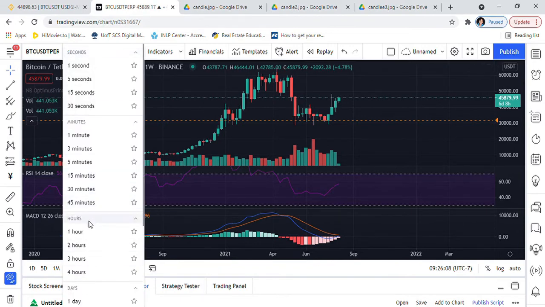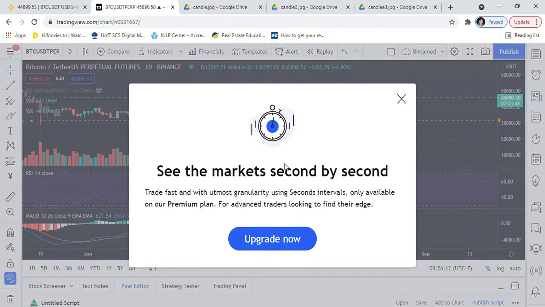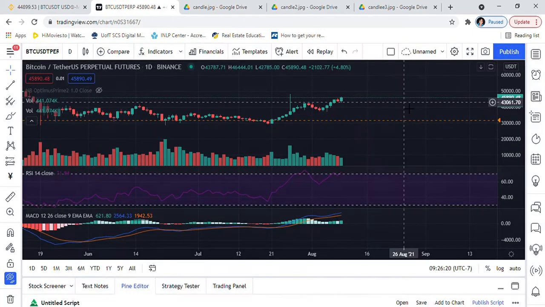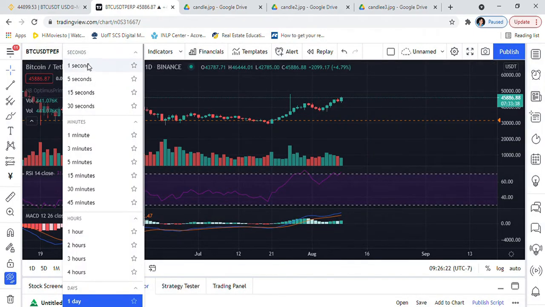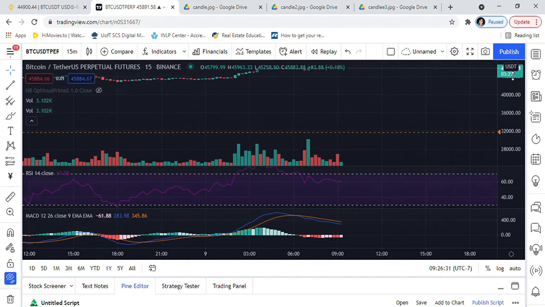It can go all the way down to 1 second, guys. But in order to view the 1 second on TradingView, you need to upgrade to a paid account. However, you don't need it. As a beginner, you're not even going to be using the 1 second. You'll be sticking to the 15 minutes, and this one you can use on the free TradingView account.